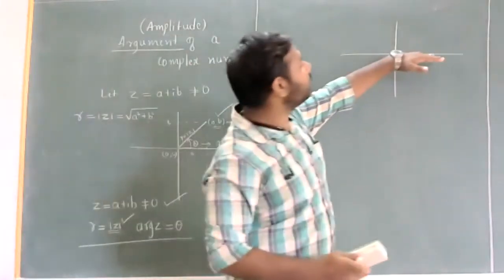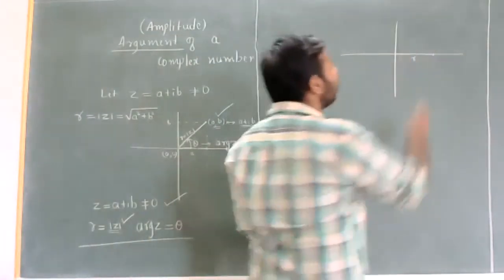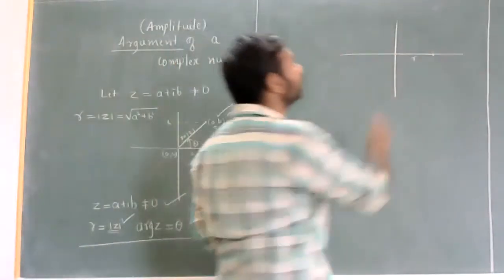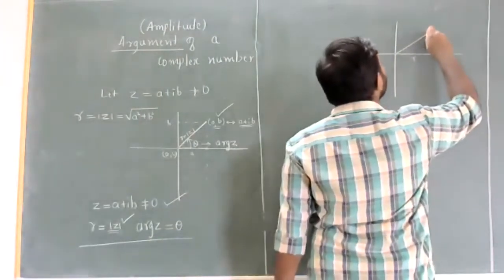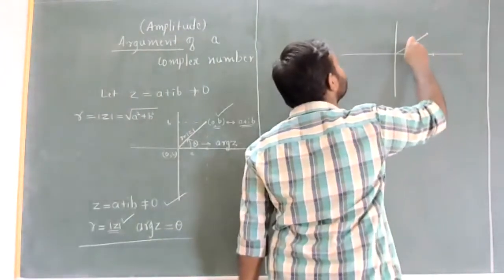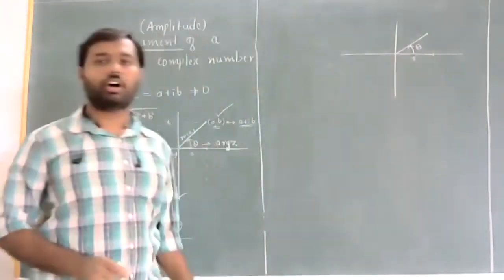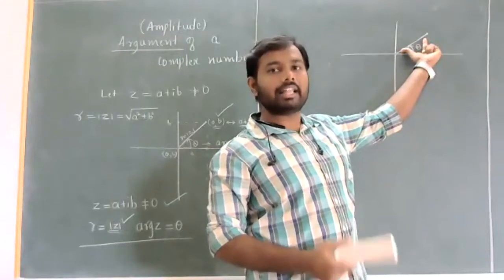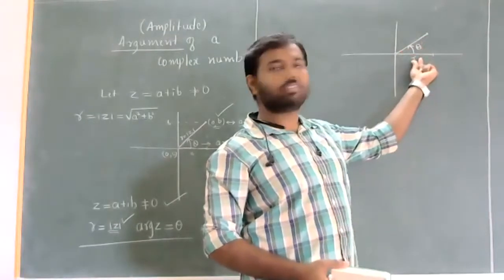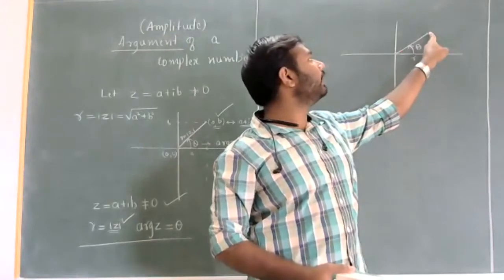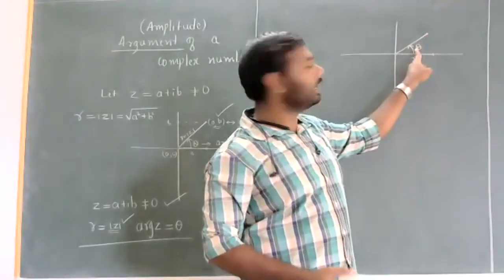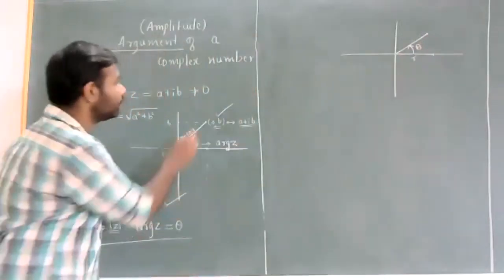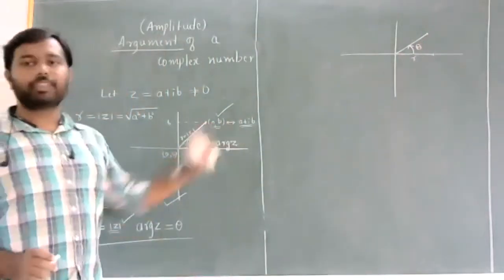Now rotate this r in anti-clockwise direction for a measure of theta. Now this is a line of length r whose end point is this, and it is subtended at an angle theta with respect to the positive real axis. So this end point will be nothing but a plus ib.